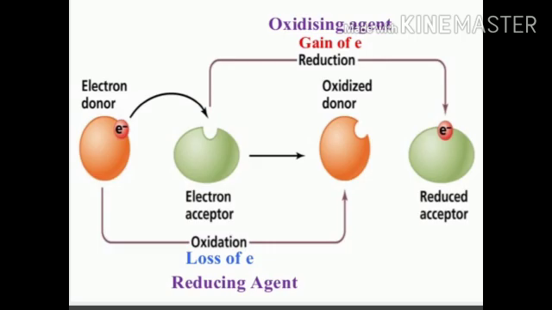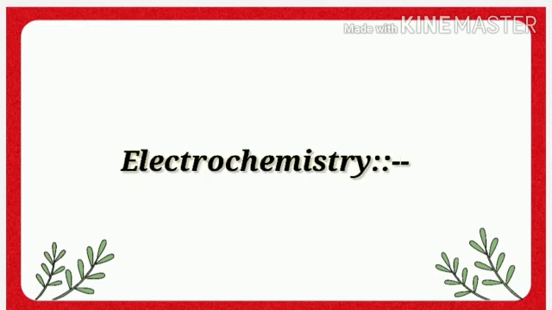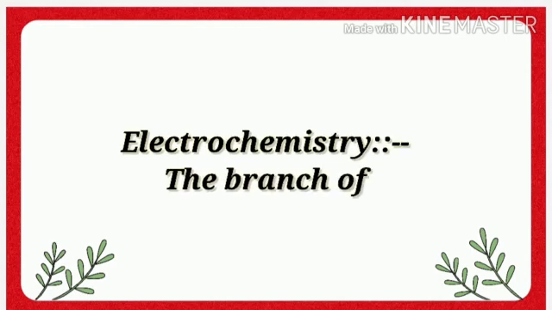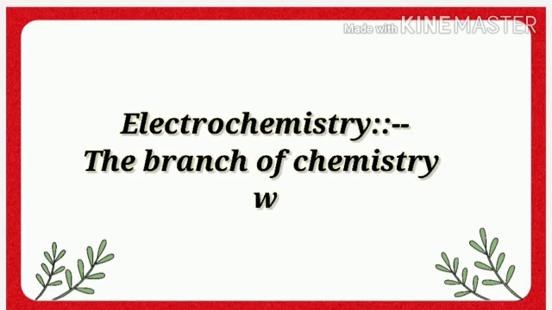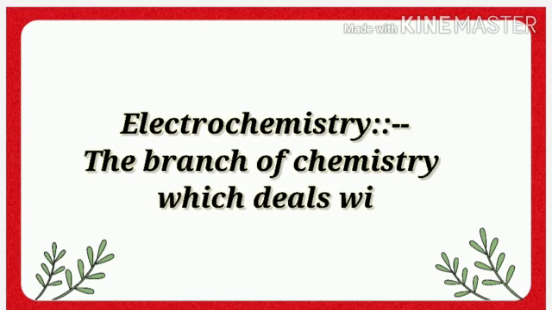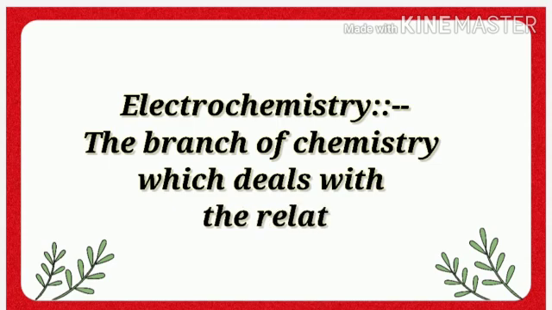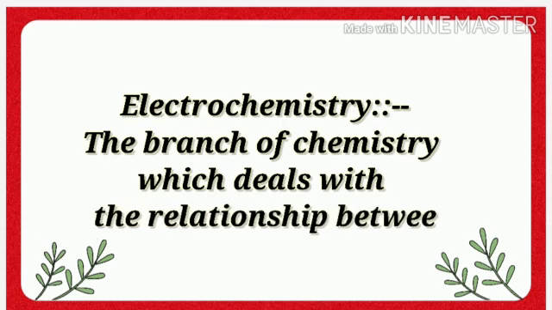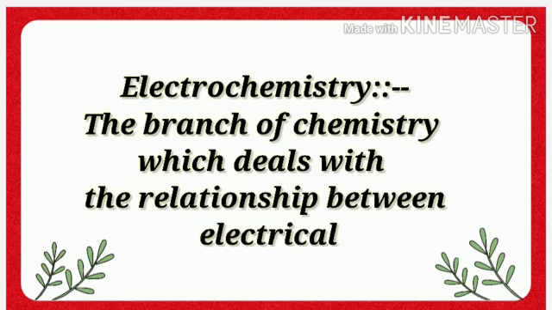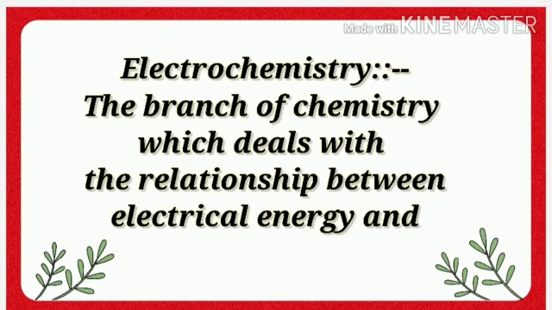Now let's start with the term electrochemistry. What is electrochemistry? Electrochemistry is defined as that branch of physical chemistry which deals with the relationship between electrical energy and chemical changes taking place in redox reactions.